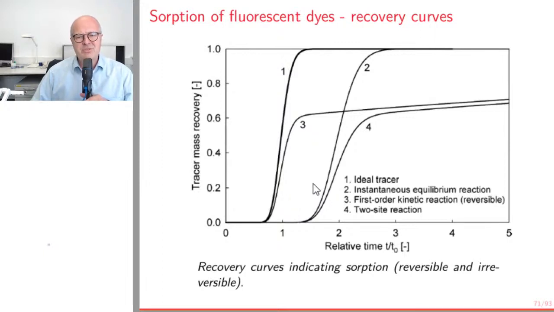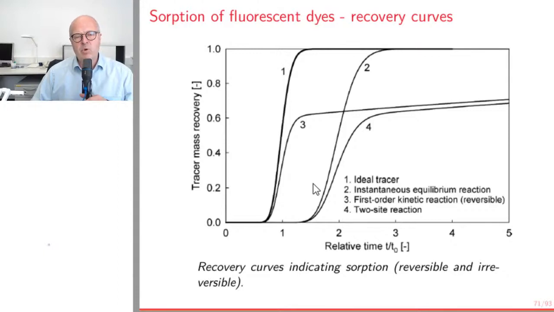But sometimes you don't get everything back. This is case 3 and 4. In that case, you had a first order kinetic reaction or a two-site reaction, actually keeping some of the tracer on the surface permanently. If you have an instantaneous equilibrium reaction, you will actually get everything back with a certain delay.